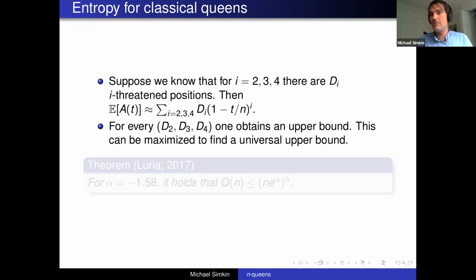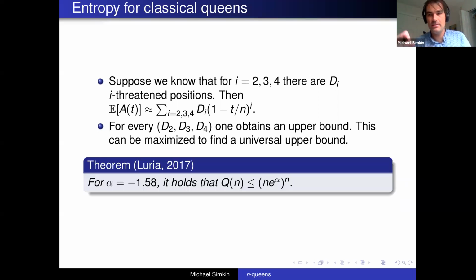If you can somehow maximize this expectation function over all of these vectors, then you would get an upper bound on the number of queens configurations. And in fact, this was done about 4 years ago. This is the theorem of Luria that says that Q of n, the one that I mentioned at the start, is at most n to the power of e to the alpha to the power of n, where alpha is approximately minus 1.58.